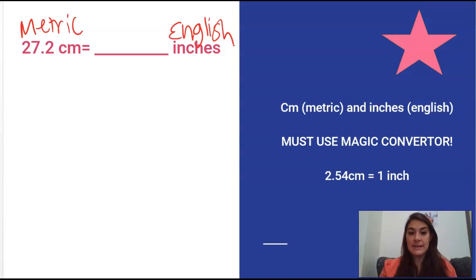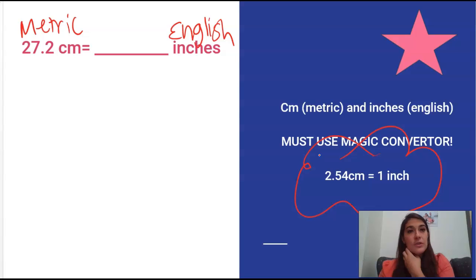And so when that is the case, you need to keep in mind that you have to use this magic converter to get through it, okay? So 2.54 centimeters equals 1 inch. You always have to use that when we're going between metric and English. So if you're starting with metric, take whatever you have and get it to centimeters. If you're starting in English, take whatever you have and get it to inches, okay? Again, this is our magic converter to get through it.